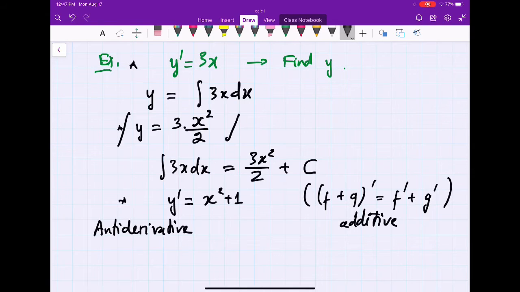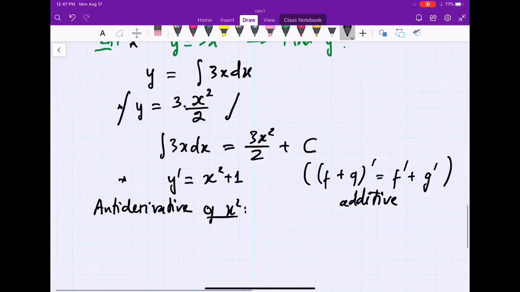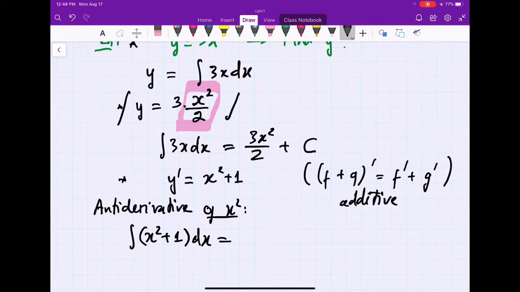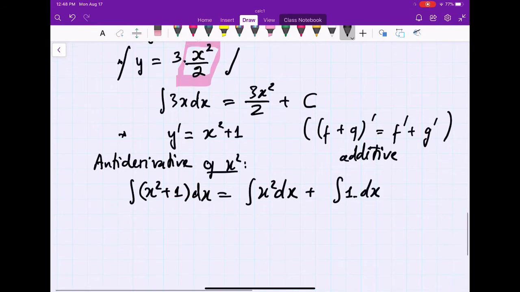We just found the antiderivative of x squared right in here. You see? So I can write the antiderivative of x squared plus 1 dx is the antiderivative of x squared dx and the antiderivative of 1 dx, right?